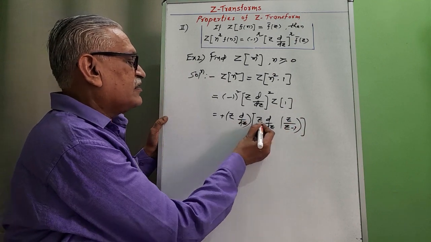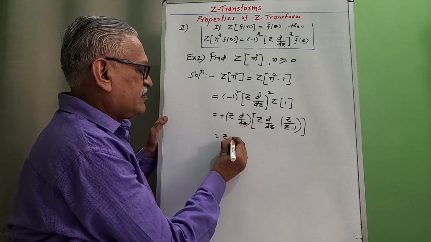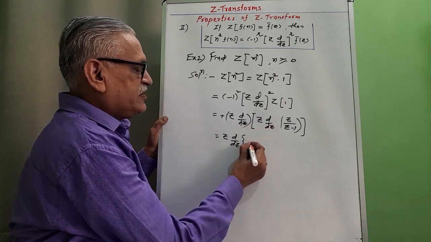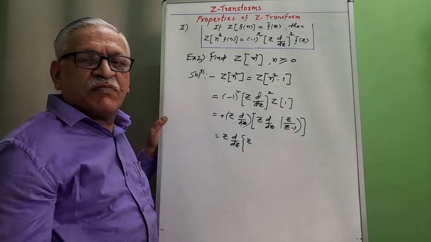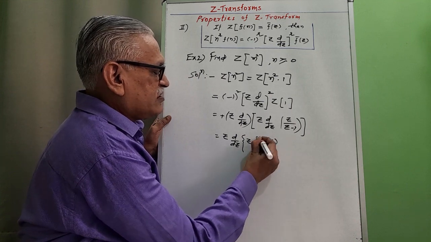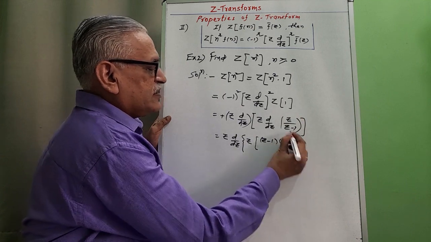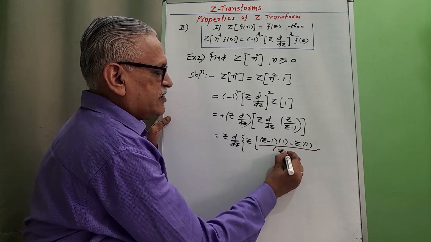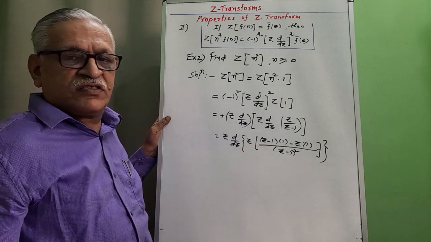Then this term we keep as it is, z d by dz, z also as it is, no change, and then differentiating it with respect to z by applying quotient rule, its value is z minus 1, derivative of z is 1, minus z, differentiation of z minus 1 is 1, and whole divided by z minus 1 whole square. This is the first derivative.